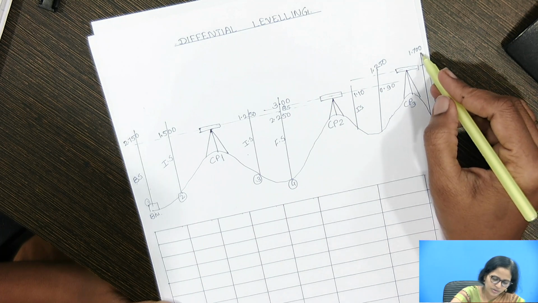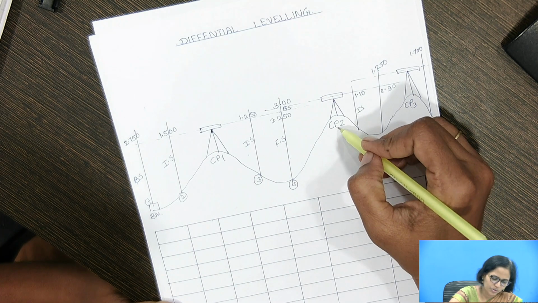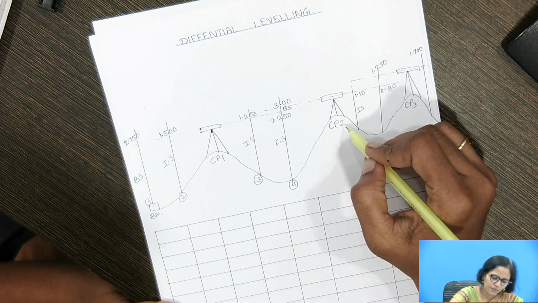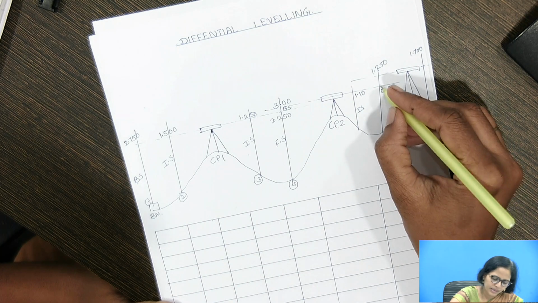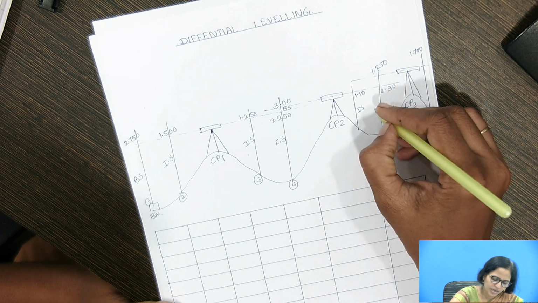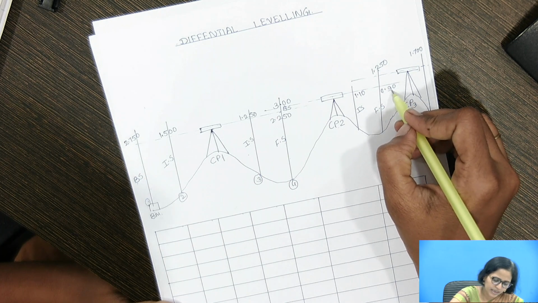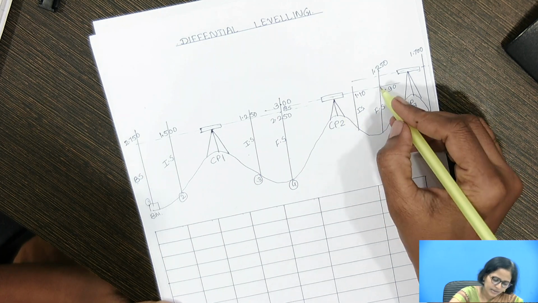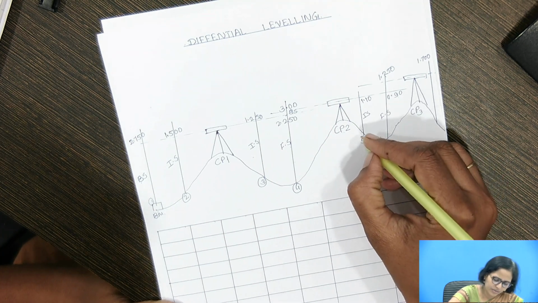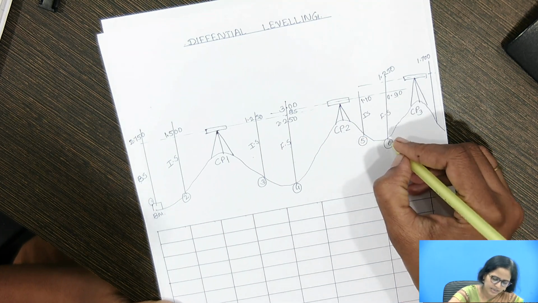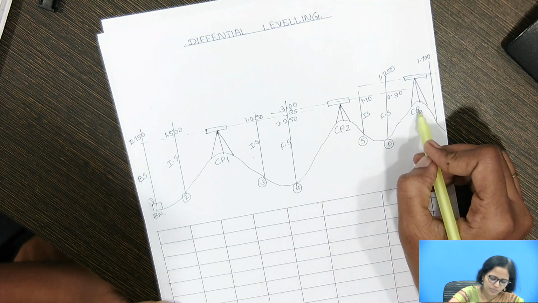When the staff is kept over here, it will not be visible from CP2. So in that case, I go for the change point. Before the end of the work, I take the last staff reading, the FS reading, which works out to be 0.9, and the staff over here will be held in that position itself, position number 6. Only the instrument will be shifted from CP2 to CP3.